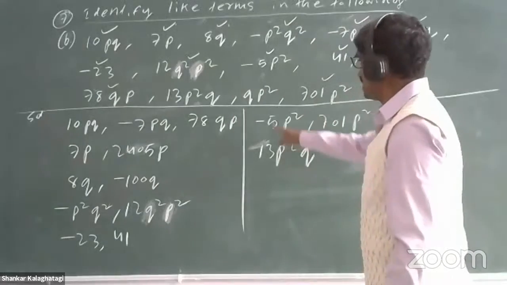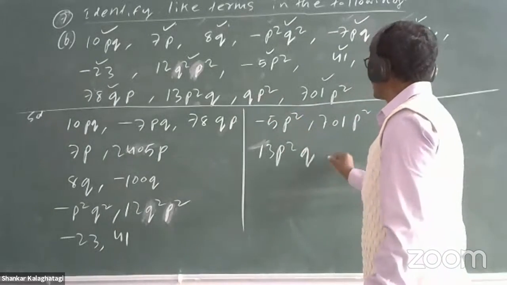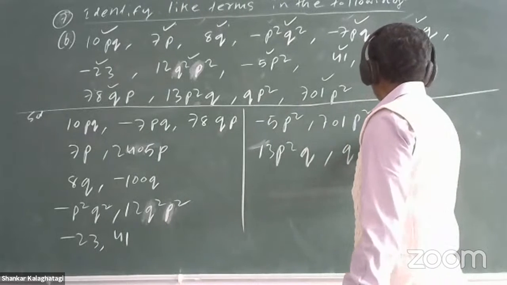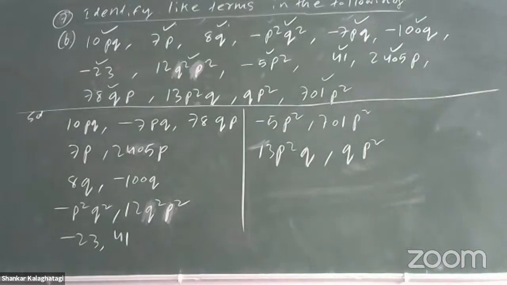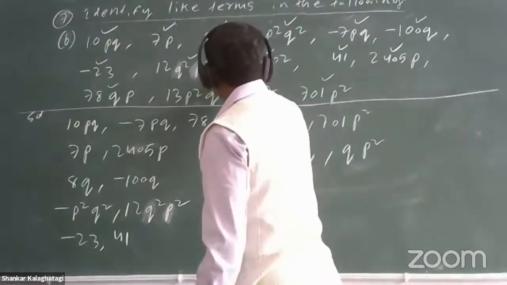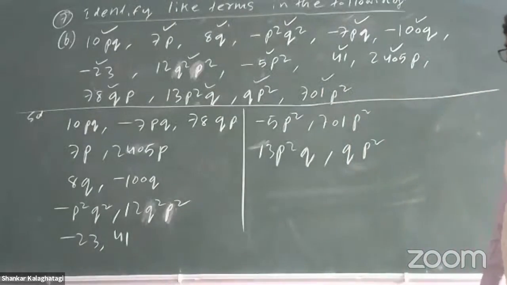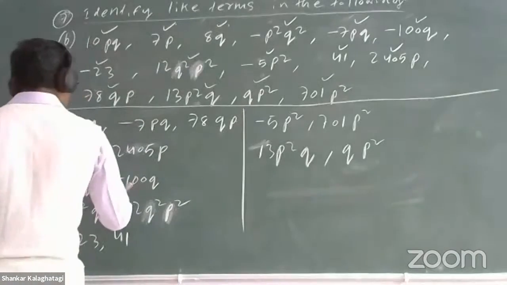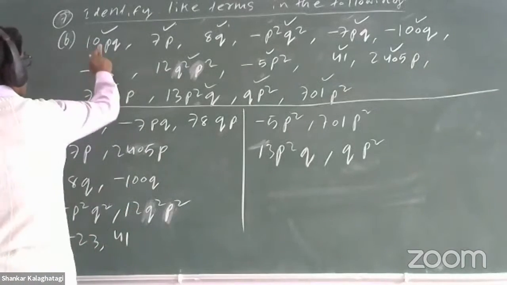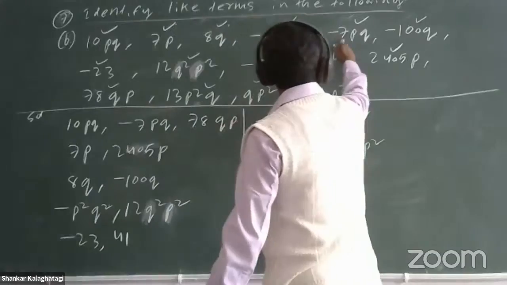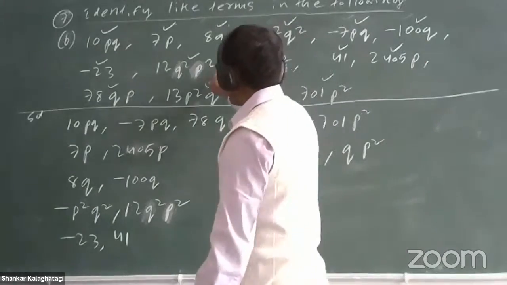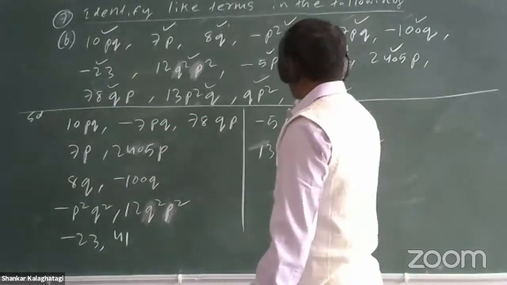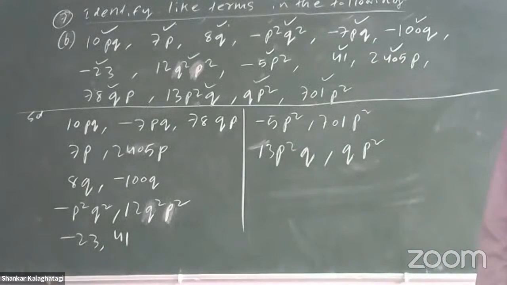Q and this one, QP square. QP square, over. So we have considered all, no? 1, 2, 3, up to 15, and again 1 to 15. Yes, we have covered all the problems given there.